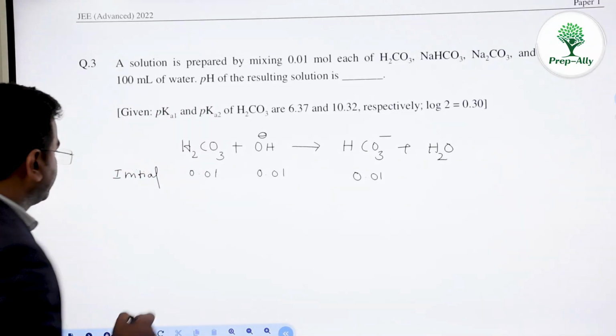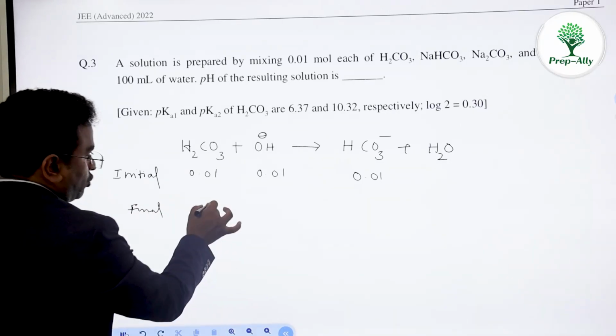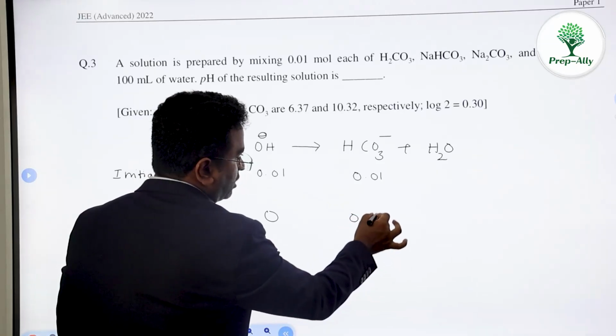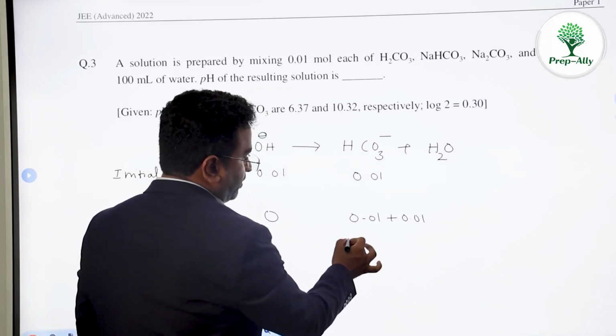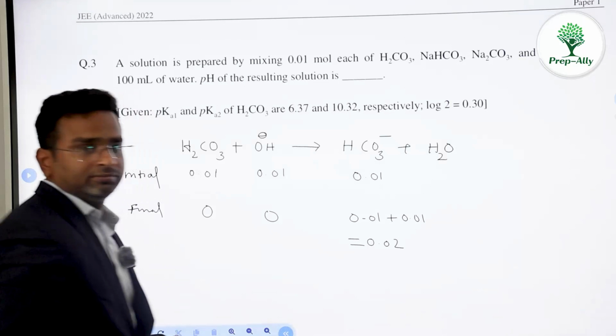Finally, it becomes 0 for H2CO3 and 0 for NaOH, and in addition to the 0.01 mole of HCO3- another 0.01 mole will be added, so it becomes a total of 0.02 moles.